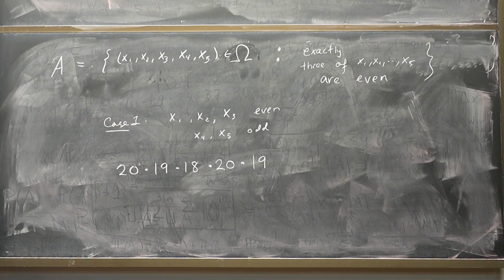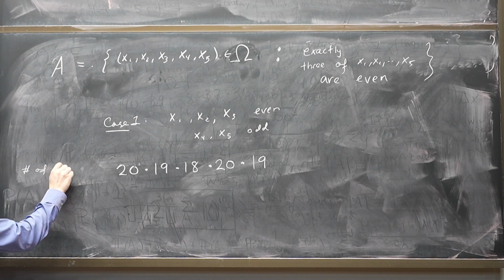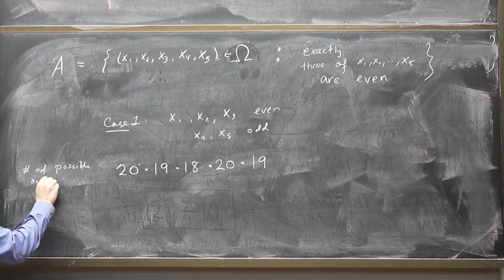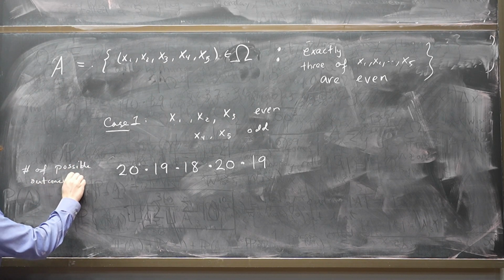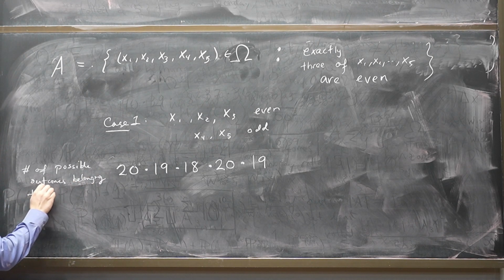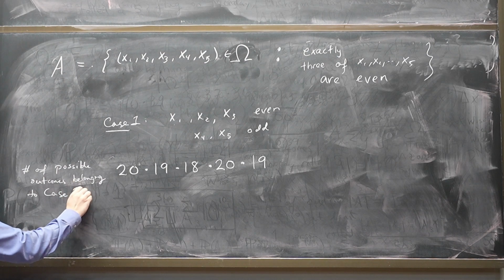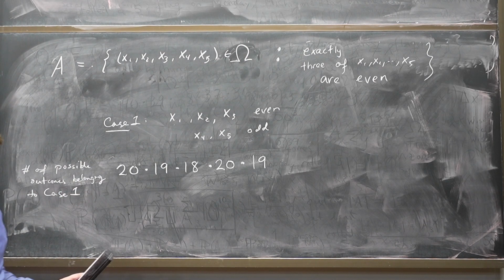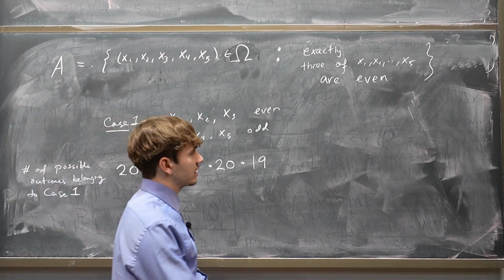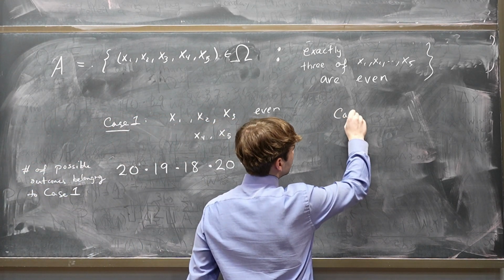So we could call this the number of possible outcomes belonging to case 1. And now the symmetry that I was hoping for actually does work. Here's why. Let's look at case 2, for example.